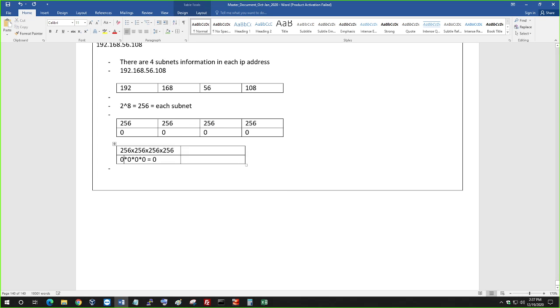So go ahead and do the multiplication. What is the number you're getting? I know this is 0. What is the number here? 4,294,967,296. So 42 billion?